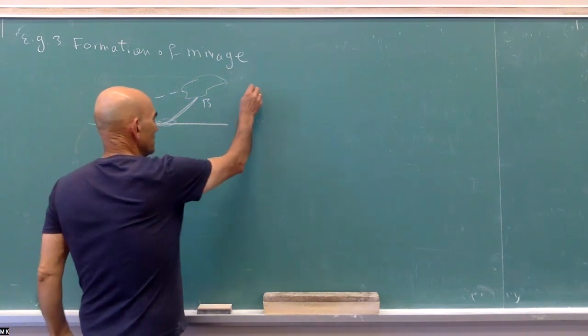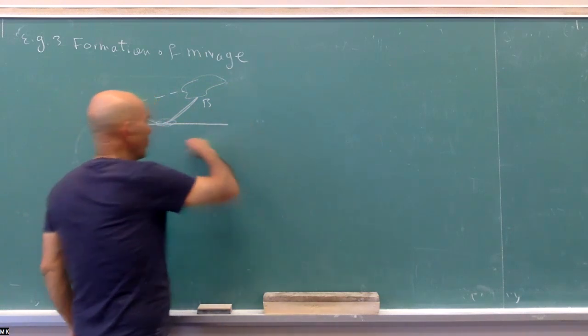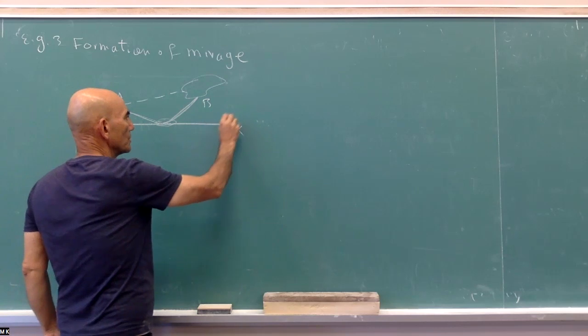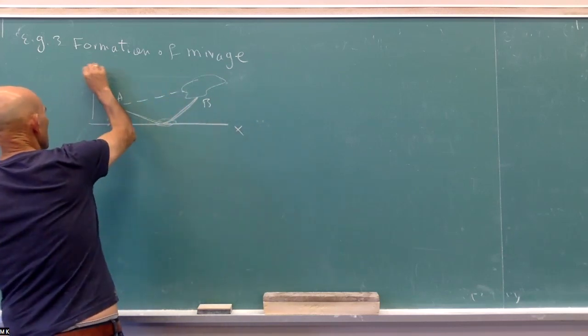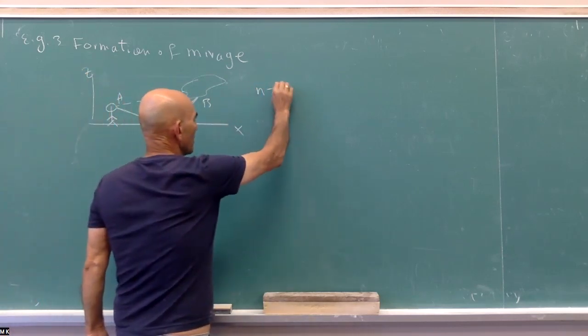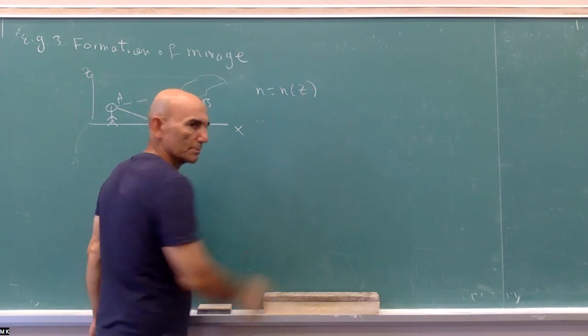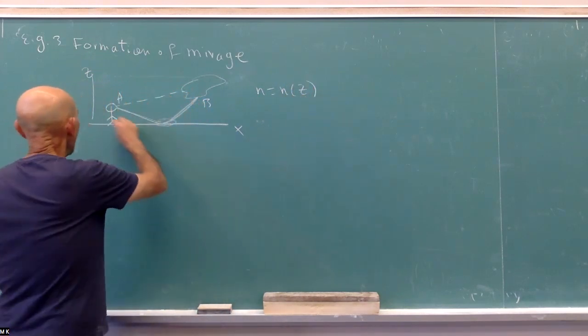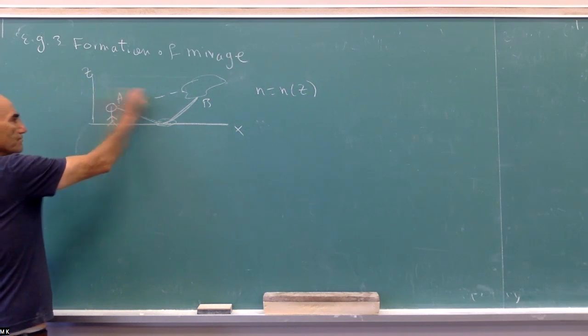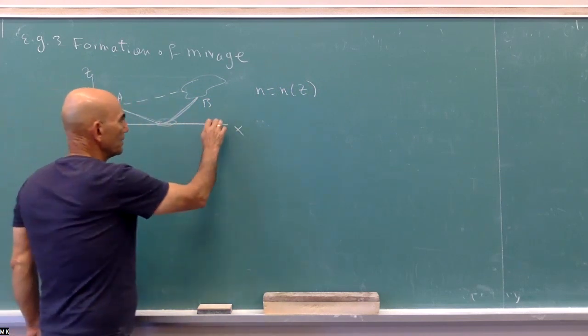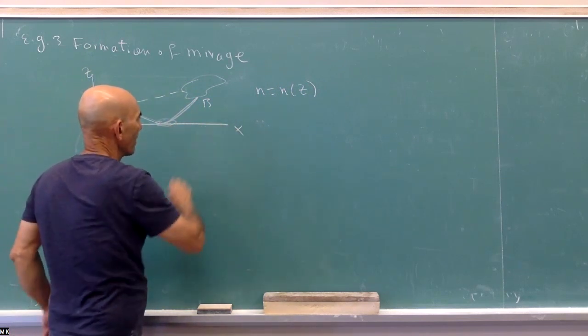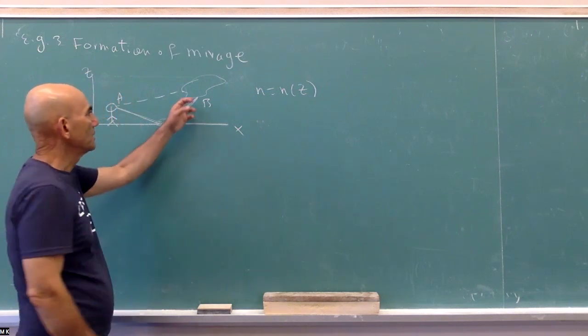So here, there is no y coordinate. This is just the x coordinate, and imagine this is the z coordinate. So n is really like n of z. It's a function of height, so elevation.